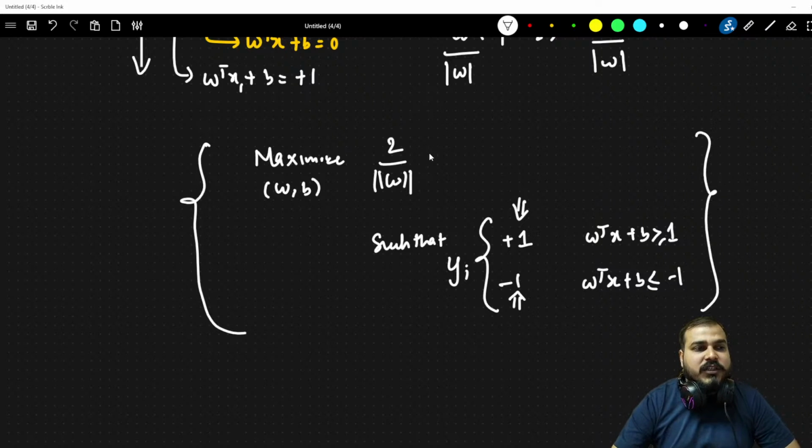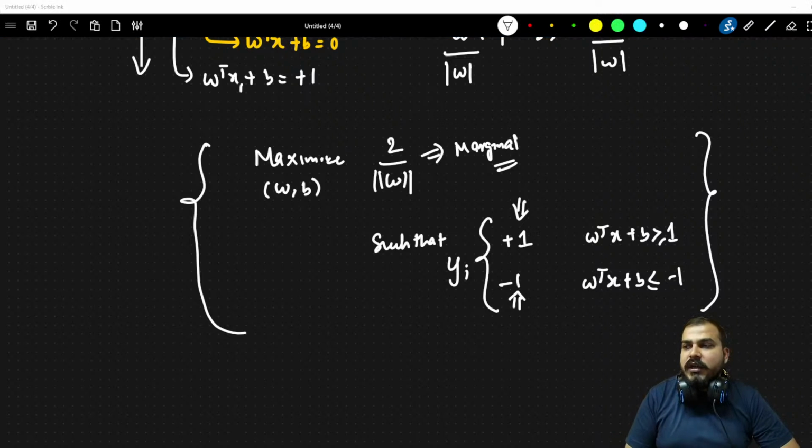We want to increase the marginal plane, which is this. This is my marginal plane. I'm writing one condition that my yi value will be plus 1 when W transpose X plus B is greater than or equal to 1. Otherwise, when it is less than or equal to minus 1, it is going to be minus 1. Very much clear with this condition? We have already done it. Everybody clear with this?